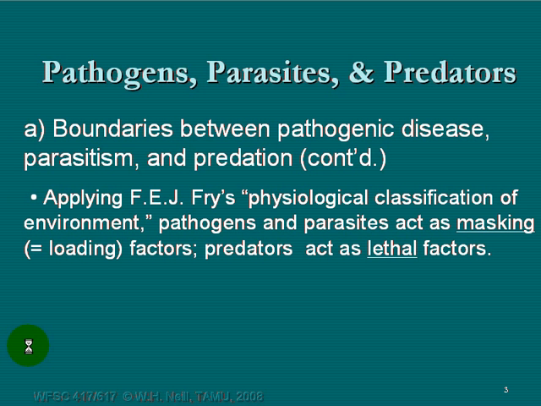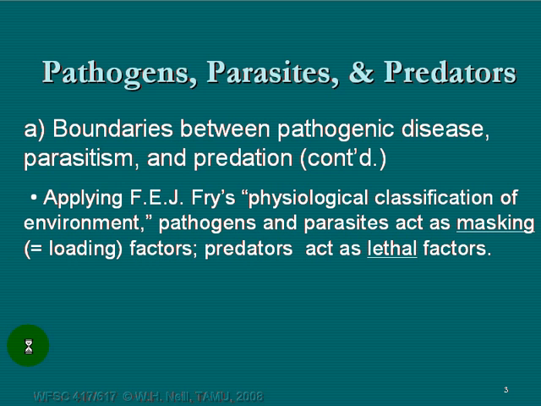The metabolic capacity that you would invest in something more useful to you, like growth, you have to spend supporting the parasite. So parasites and pathogens are masking factors. Predators, on the other hand, are clearly lethal factors. In fact, I think predators are better examples of lethal factors than some of the physical chemical factors that are traditionally offered up.